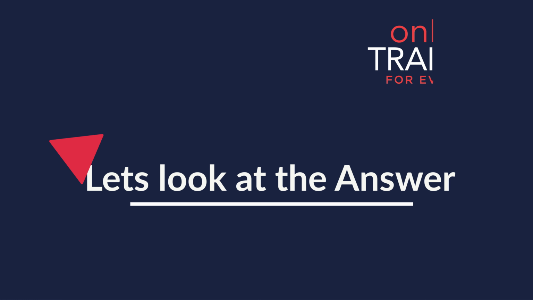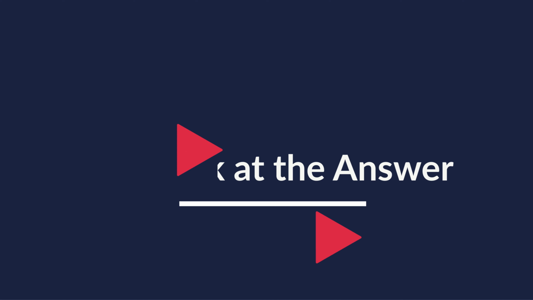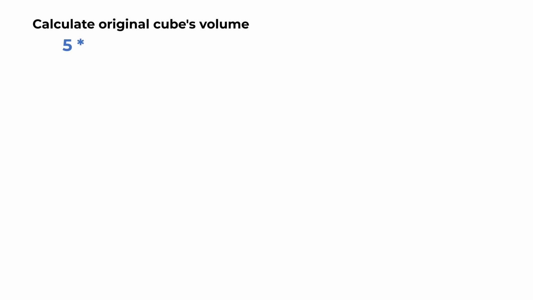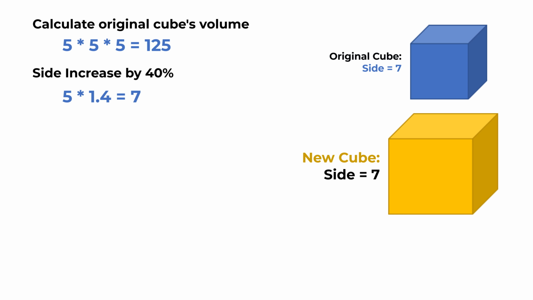To get to the correct answer, the first step in the calculation process is to calculate the original cube's volume. 5 multiplied by 5 multiplied by 5 equals 125. Now let's increase the size by 40%. 5 multiplied by 1.4, which is the 40% increase, equals 7, which means that the side of the new yellow cube is 7.